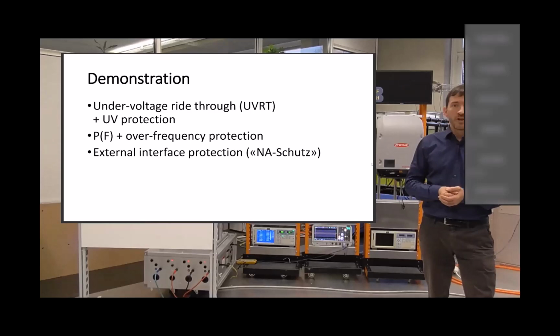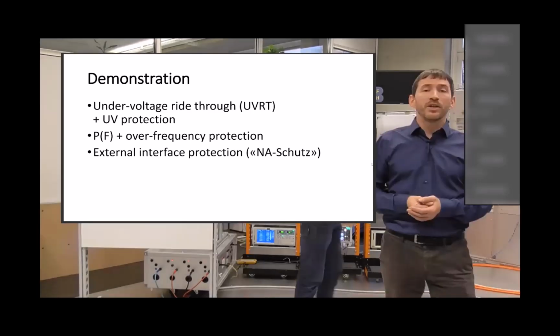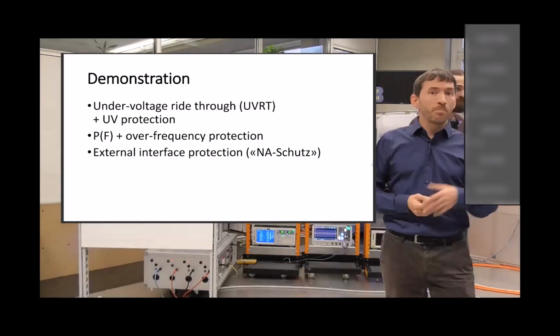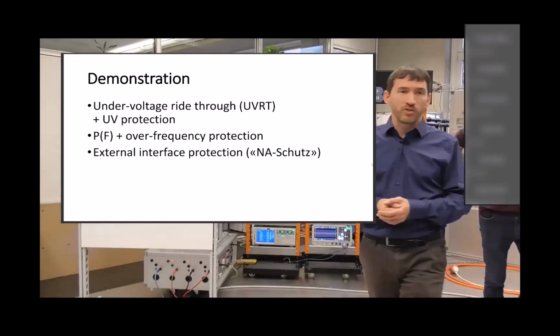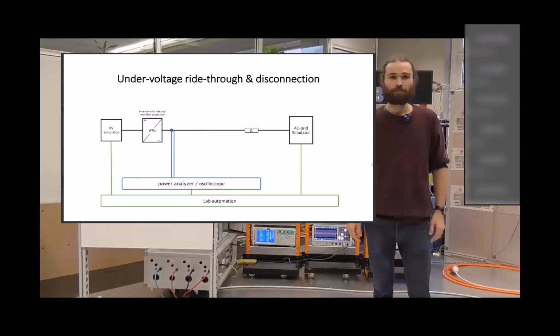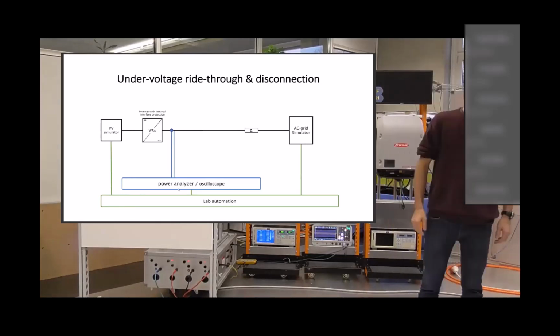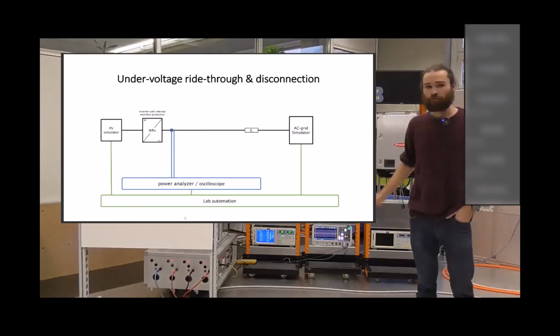Now I would like to hand over to Theo. Theo will guide you through the different tests, operate the demonstration, and explain the results. Okay, welcome from my side. As you can see on the presentation, I have here the wiring diagram, how everything is prepared.